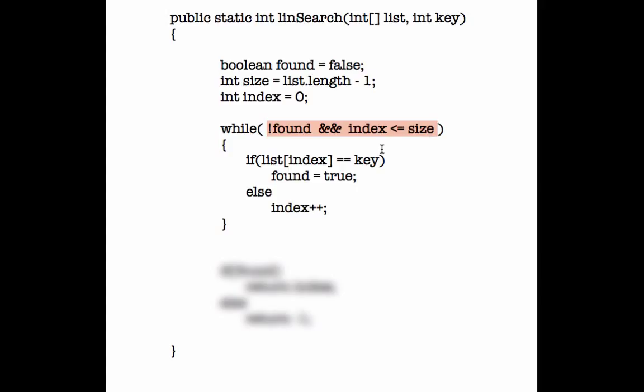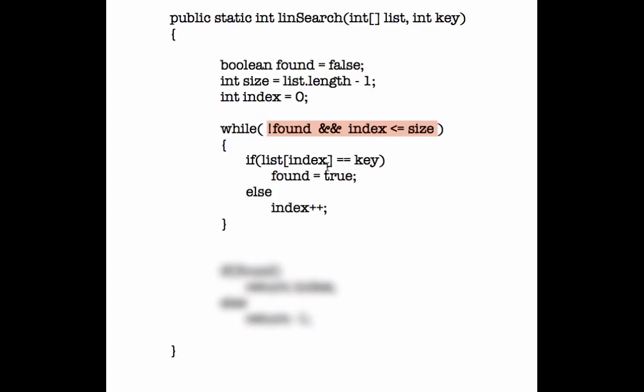That's precisely what we want. So let me repeat. We want this condition to be false as soon as we found a match or after we inspected all the elements in our collection. Okay? Either condition will make the while loop stop.